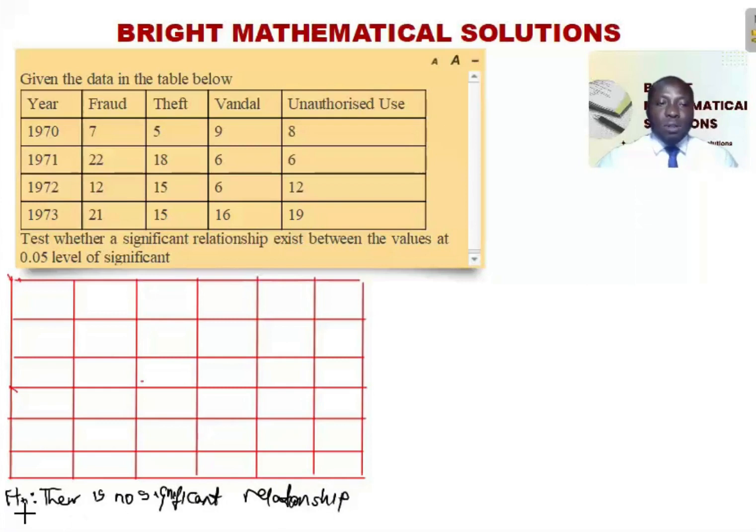While we set the alternate hypothesis, which is H1, as there is a significant relationship.